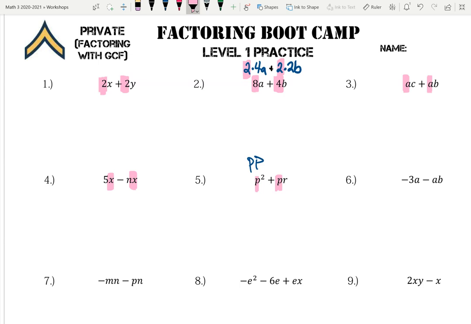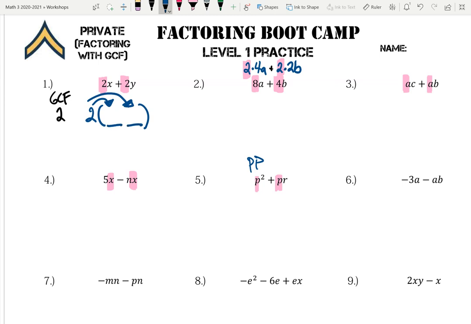Let's look at number 1. They share a common term of 2. The GCF, the greatest common factor they have in common, is 2. So essentially, I want to predict what was inside the parentheses before I multiplied 2 to both of these terms.